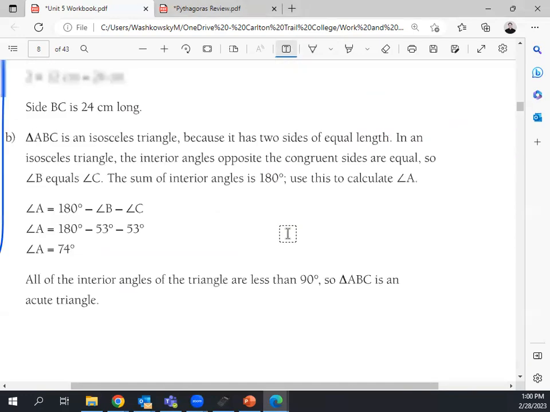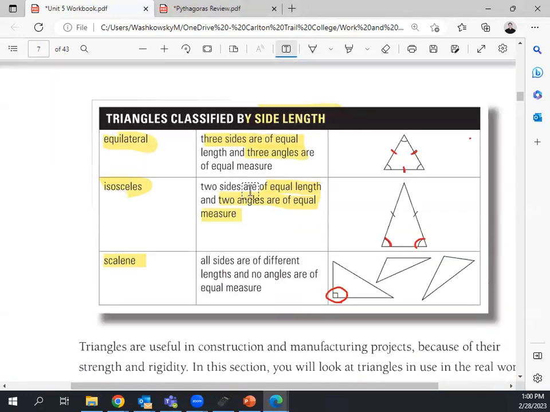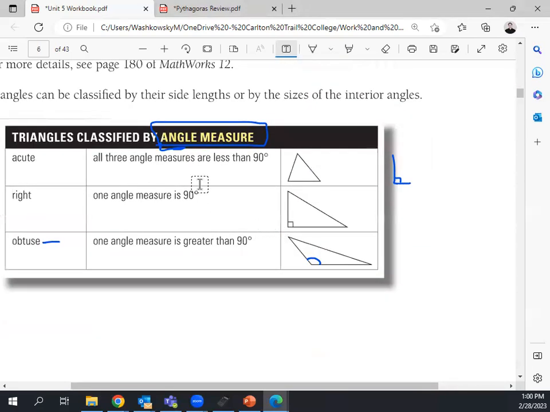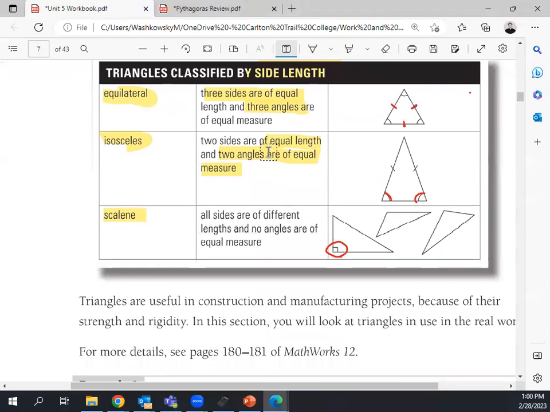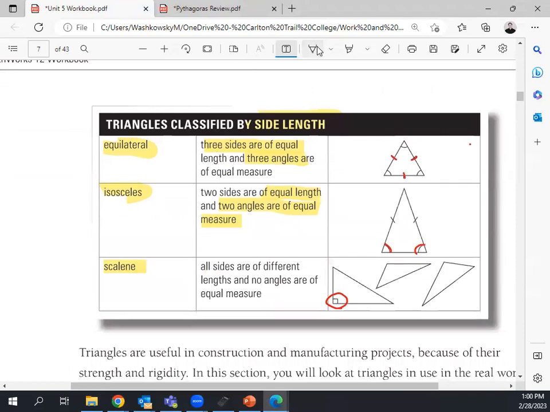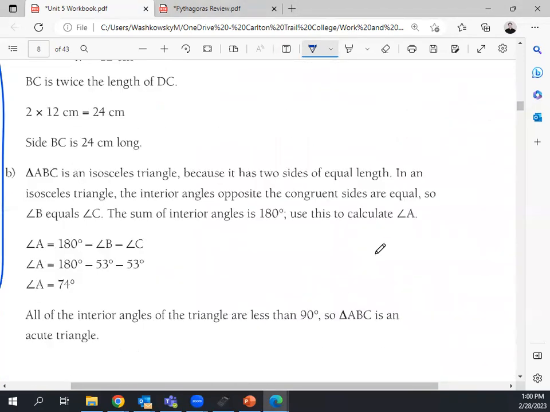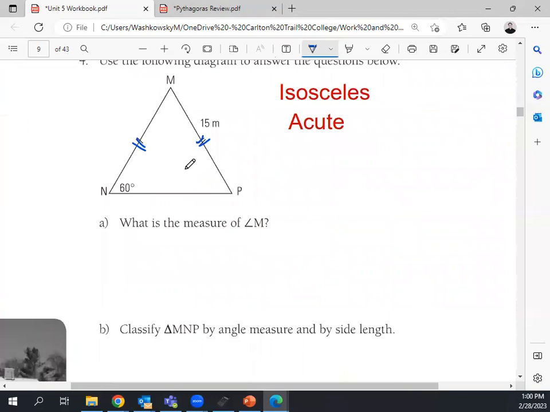So all of our properties can be found in those two classifications. Going to acute, all those angles are less than 90 degrees. Doesn't help us in this case. But if I go to isosceles, it tells me two sides are the same, two angles are the same. Knowing that, I'm trying to find angle M. How much do all the angles in a triangle measure up to?